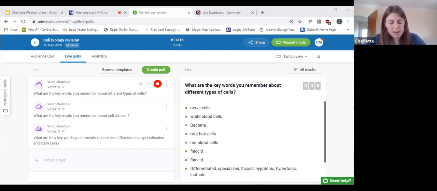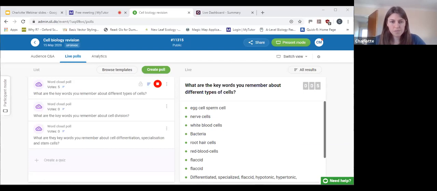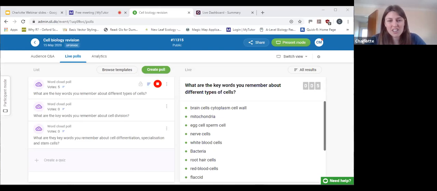What kind of different organelles can you have in cells? Egg and sperm cells, yeah, good, they're really specialized cells. Nice. Good. Cytoplasm's coming in there. Brain cells, yeah. Well done.